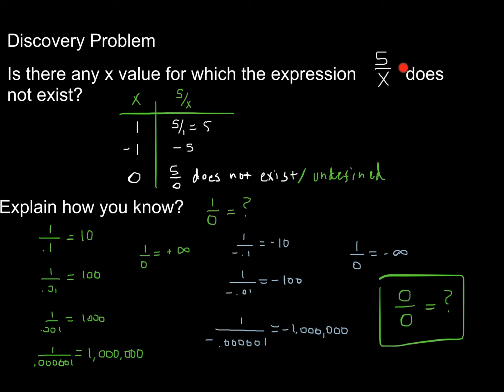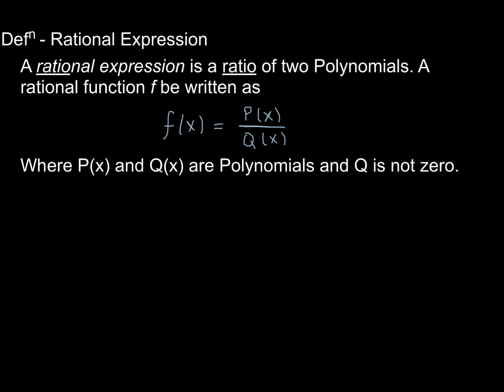So this was an example of a rational expression, and now let's define it and take a look a little more closely at some rational expressions in real life. All right, a rational expression. Within the word rational is the word ratio, and this helps us remember what a rational expression is.